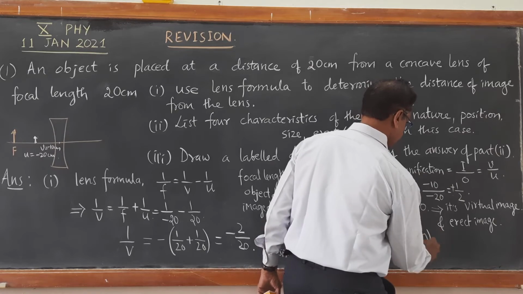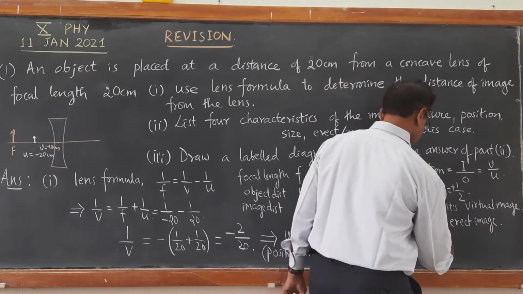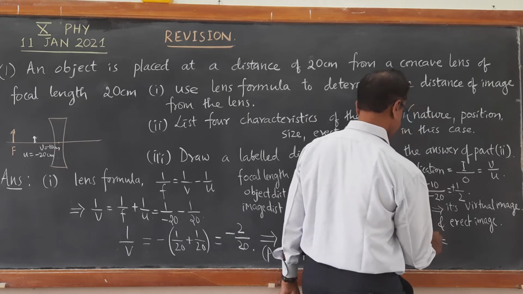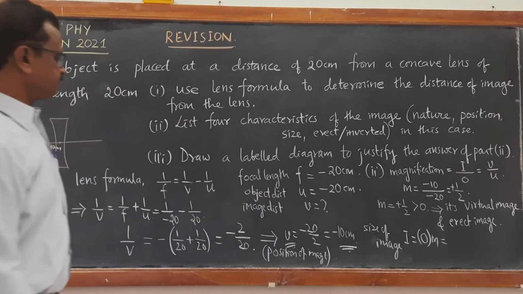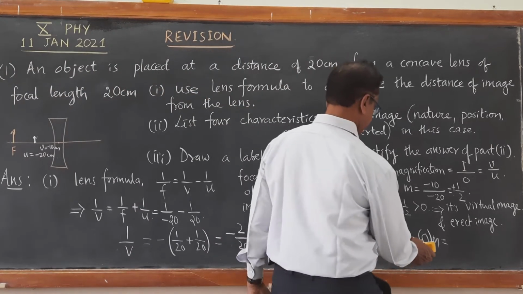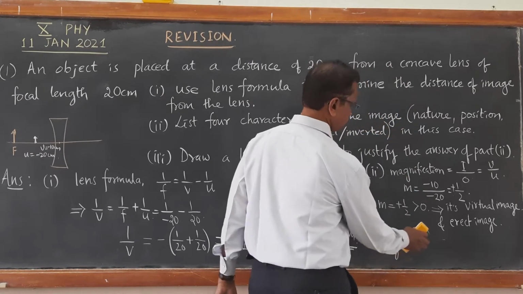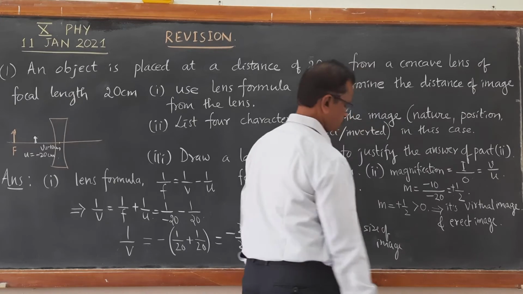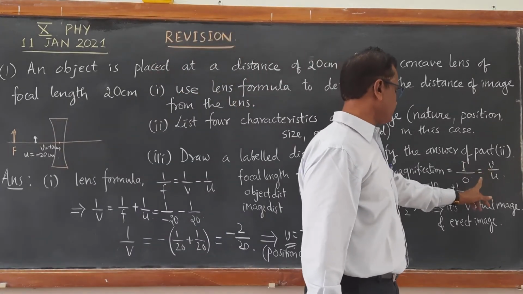O means size of the object. Size of the object is not given. When it is not given, then we can make use of V by U. Size of the image can be obtained from this ratio of V by U.